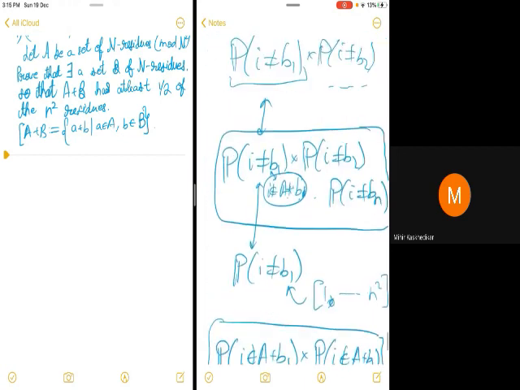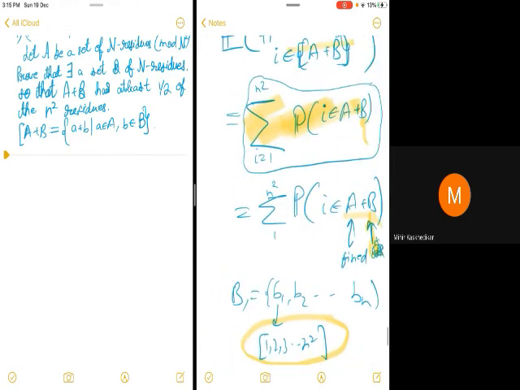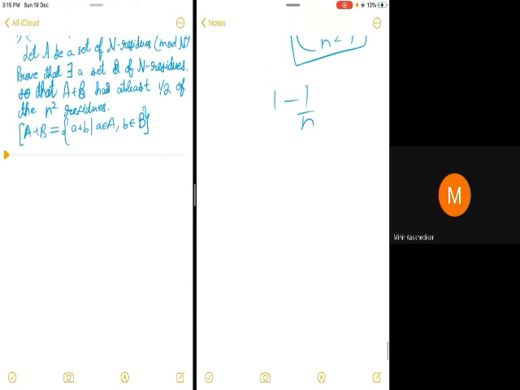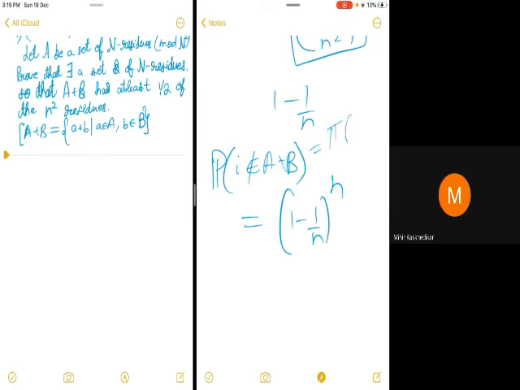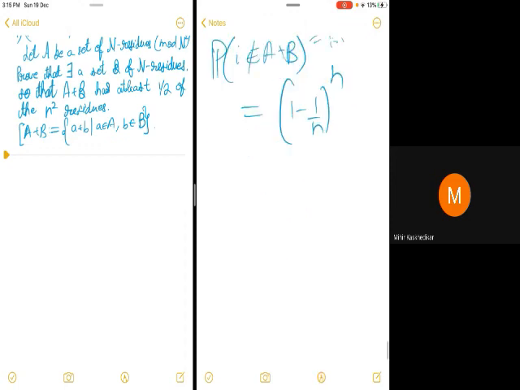So we get that the probability which we want to calculate, the probability that I does not belong to a plus b, is 1 minus 1 by n whole to the power n, because this is the product of probabilities that I does not belong to a plus bi for i from 1 to n. So now we just have to prove that 1 minus 1 by n to the n, which is the probability that I does belong to a plus b, because of the complement.